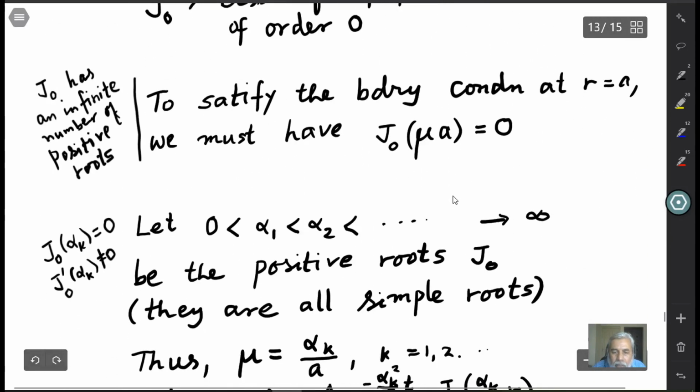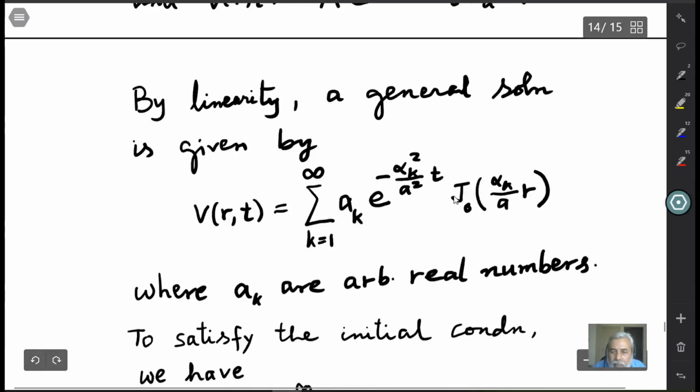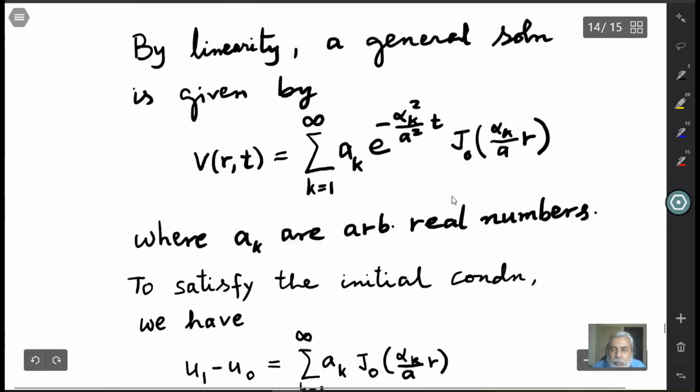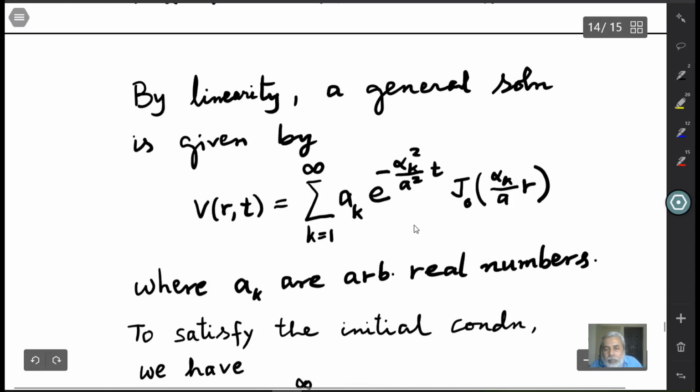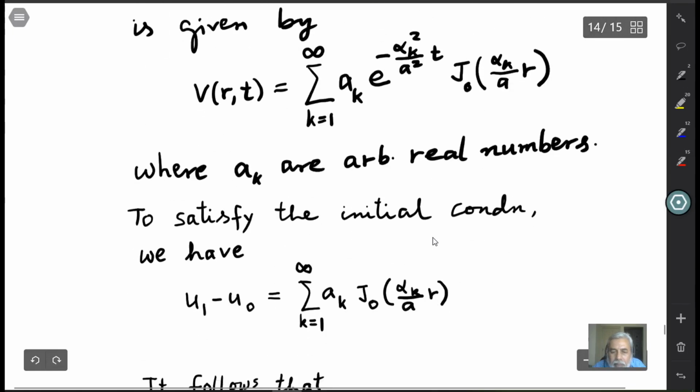Just substitute t equal to 0. There is no problem of convergence for t positive because of the properties of this Bessel function J0.